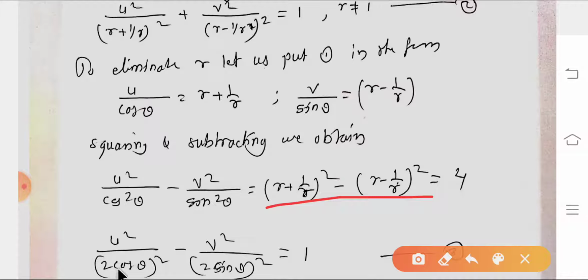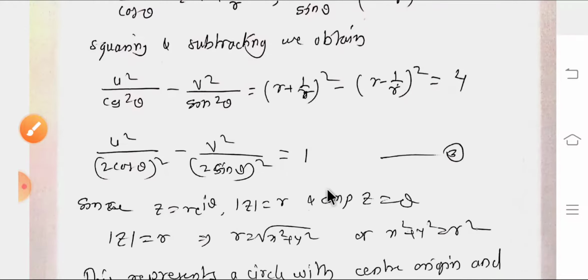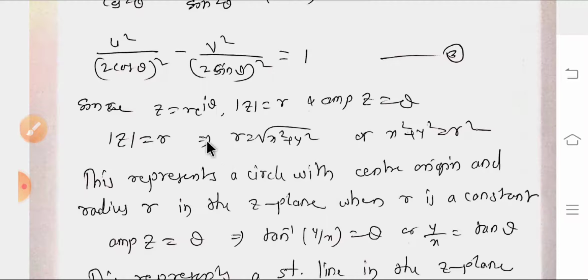So u square by 2 cos theta whole square minus v square by 2 sin theta whole square equal to 1. Consider this equation 3.